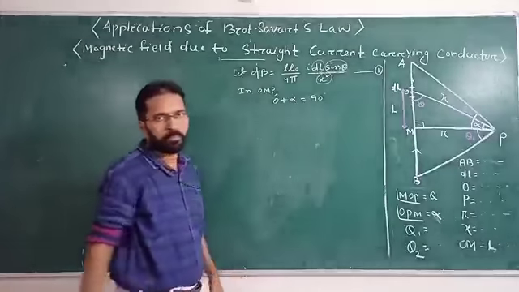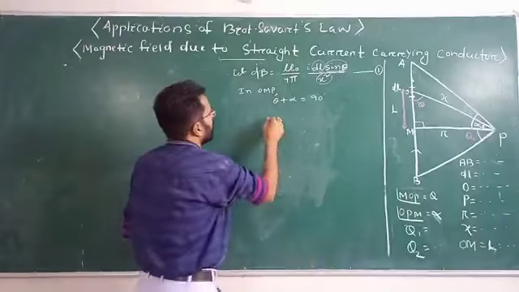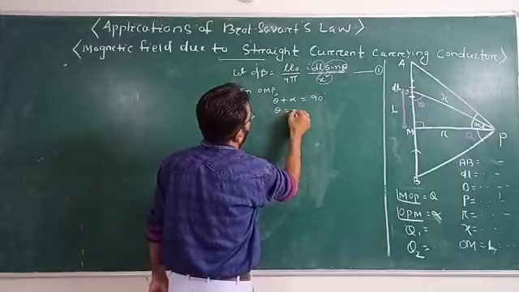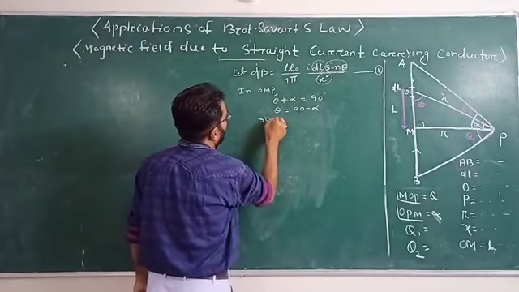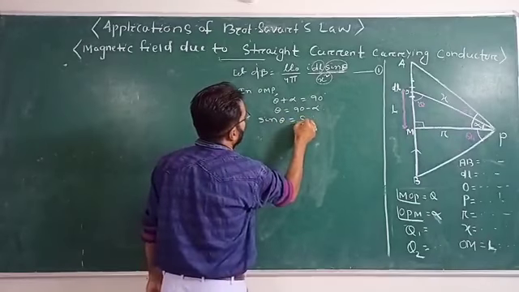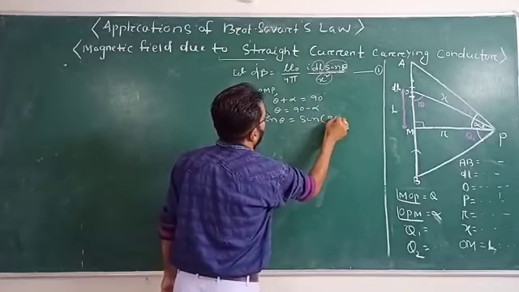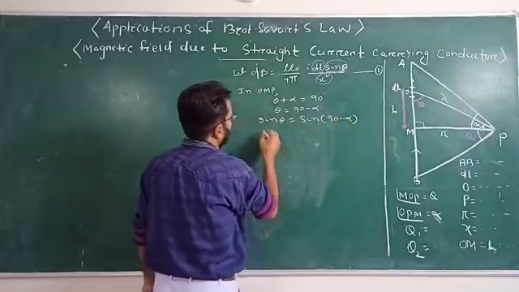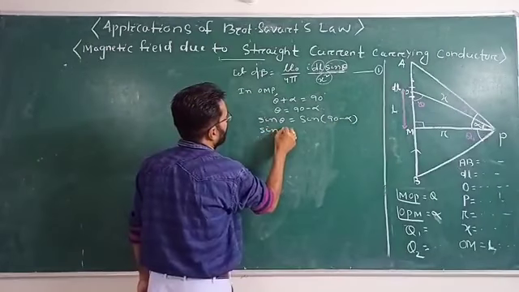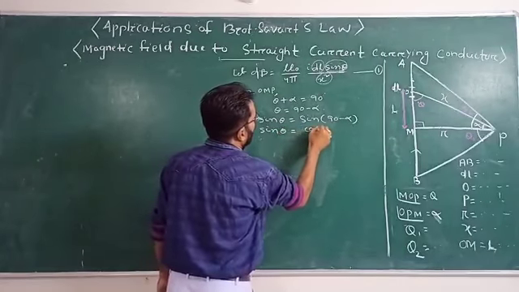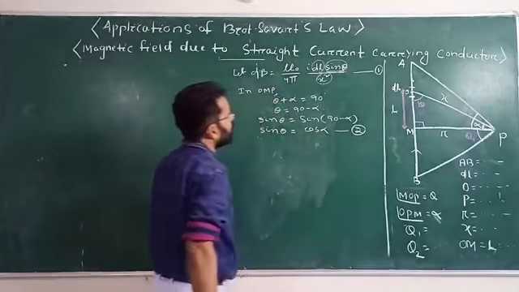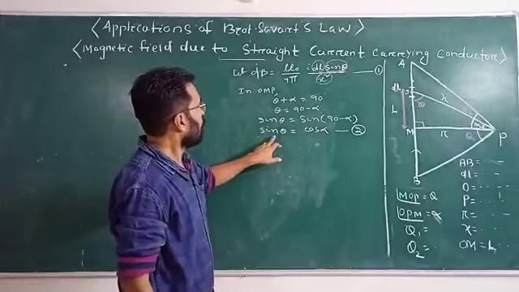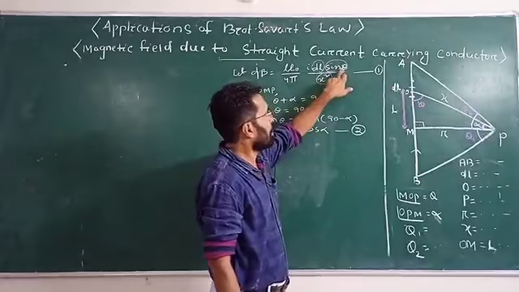Okay, students. Now theta is equal to 90 minus alpha. Taking sine on both sides, sin theta is equal to sin(90 minus alpha). Now sin theta is equal to cos alpha. It is equation 2. So already we got the value of sin theta.